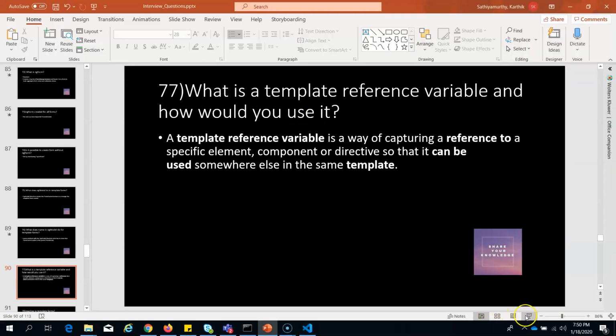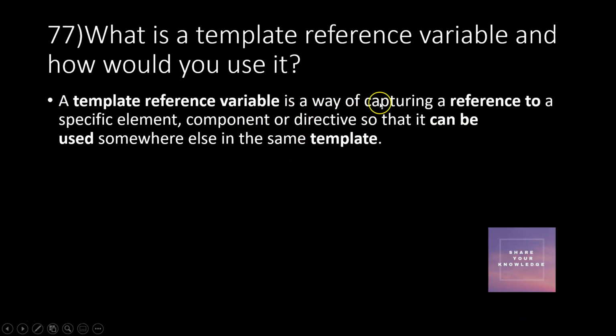So a template reference is a way of capturing a reference to a specific element, component or directive. In our case we were accessing a specific directive, and we used it for doing validations in the same template. Hope this is clear.